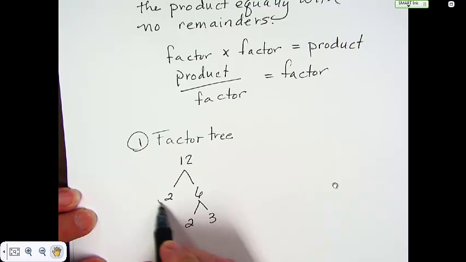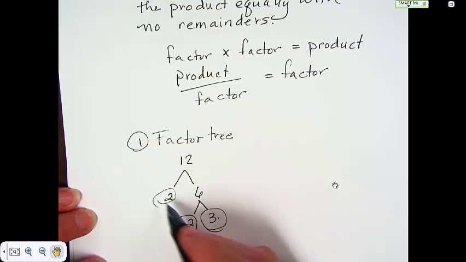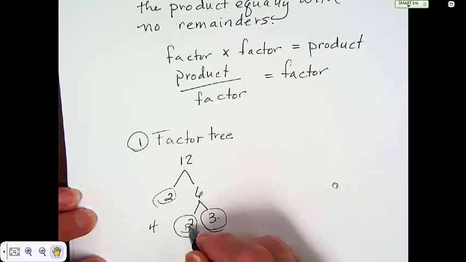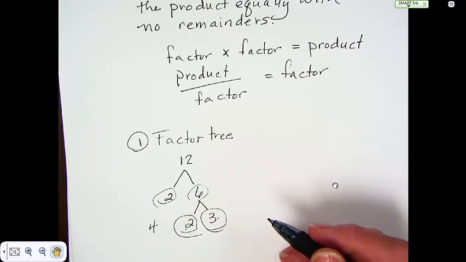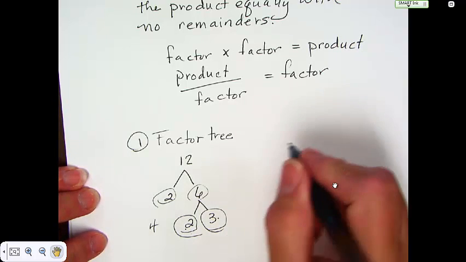Now, 2 is a factor, and 3 is a factor, but 2 times 2 is 4, that's a factor, and 3 times 2 is 6, and that's also a factor of 12. So it requires a little bit of work to make that happen.